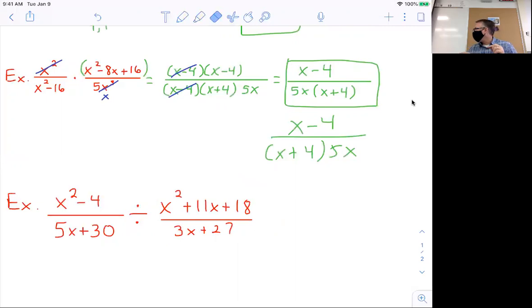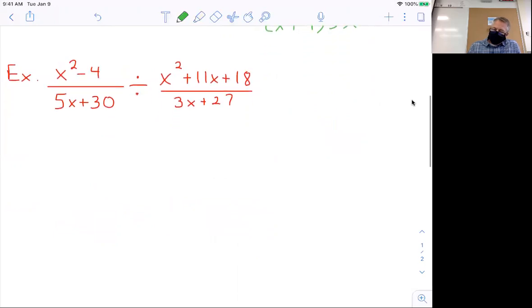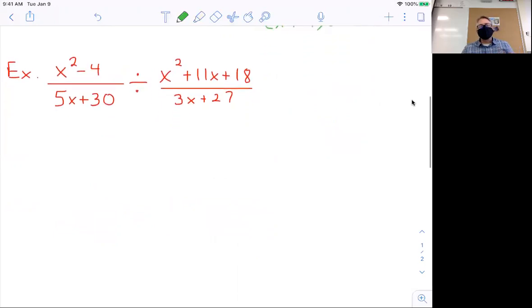All in one step, though, what I'm going to do is factor those at the same time. So I'm going to factor the top here and then put it on the bottom, and factor the bottom and then put it on the top. So in our next step, let's factor everything. In the top left, we have a difference of squares. So that's going to factor into x minus 2 times x plus 2.